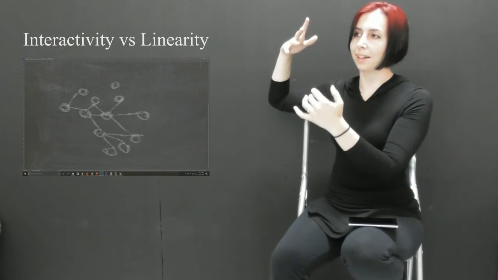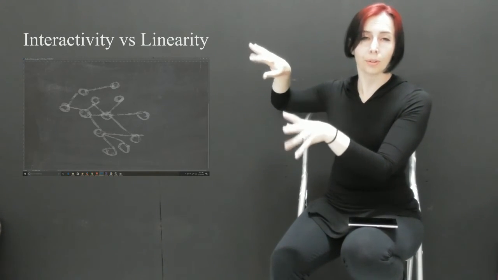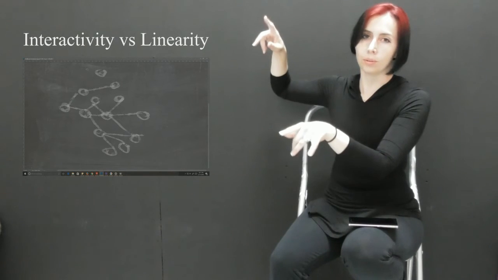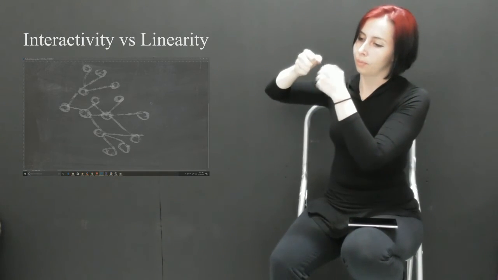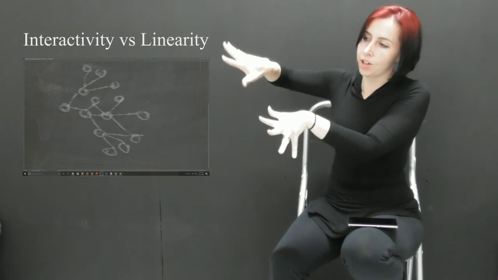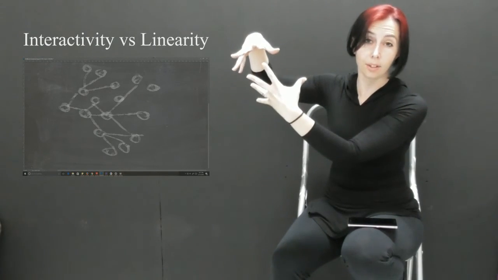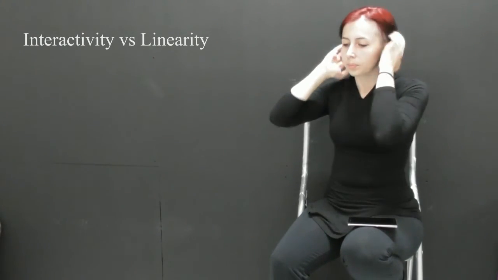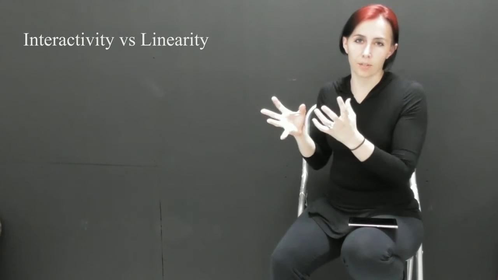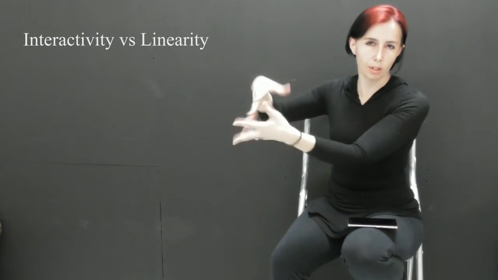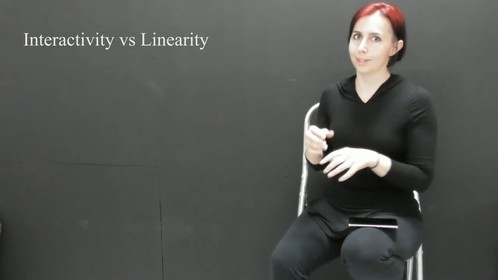It starts to look even more like a neural network. You see all these little branching nodes that branch out, finger out, and then they can come back together again. And that's your idea of interactivity. And as much as possible, you do want to weave them back into each other again. But it's exponentially more work than linear storytelling, but it is significantly more satisfying as well, at least in my opinion.